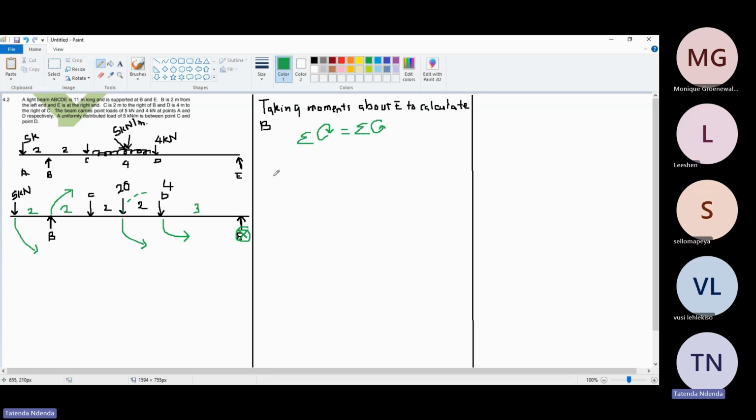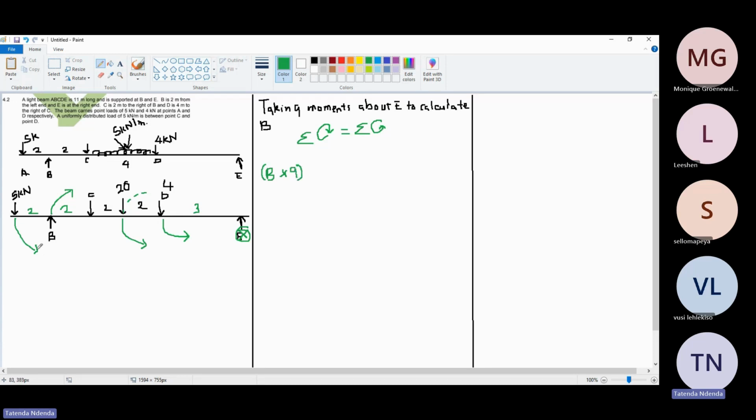Okay, so if we want to take the other side, which is the clockwise, we can only have B. So it's going to be B multiplied by the total distance of B from the fulcrum. That's 2 plus 2, 4, plus 2, 6, then plus 3. That's going to give us 9. So it's B multiplied by 9.